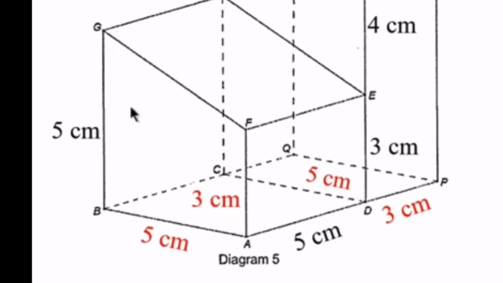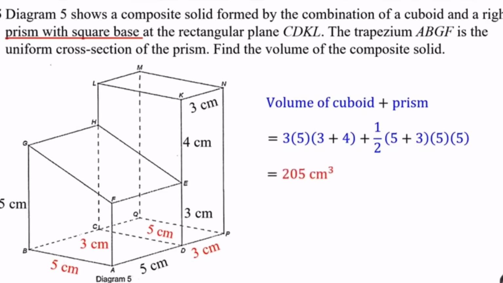And the difference between two cross-section areas is called height again, or we call it distance. So there is another height which is 5. So be careful, there are two heights there. So finally your volume for the combined solid or composite solid is 205 cubic centimeter.